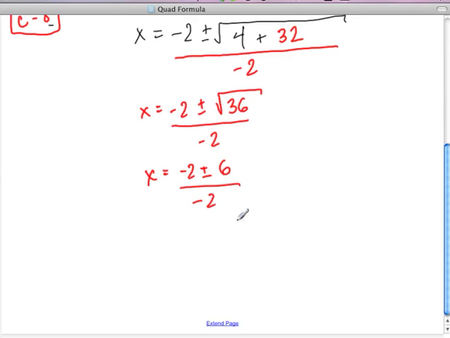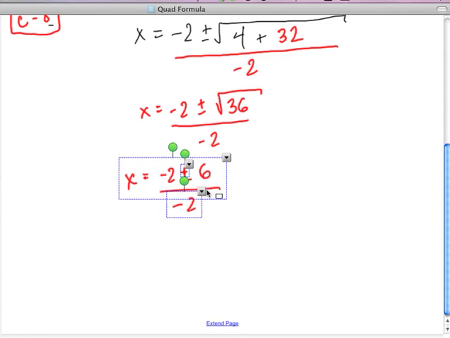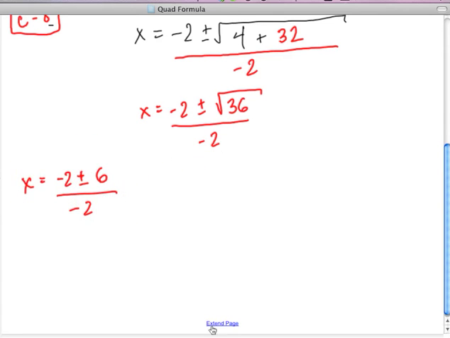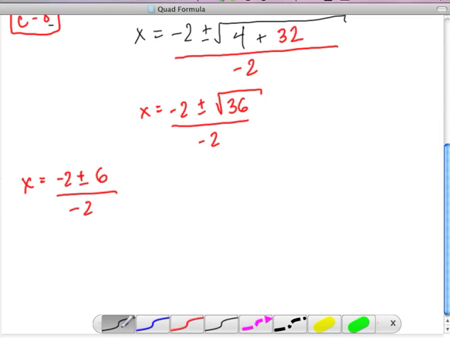All over negative 2. And when I get to this point, I'm going to end up with 2 answers.